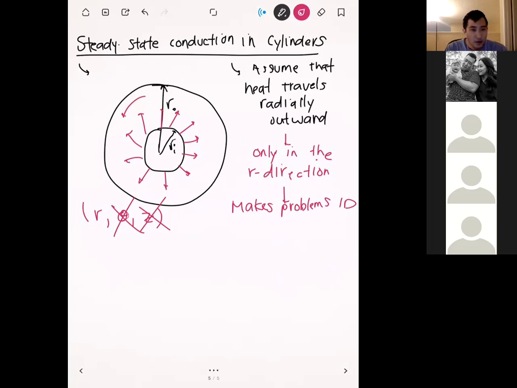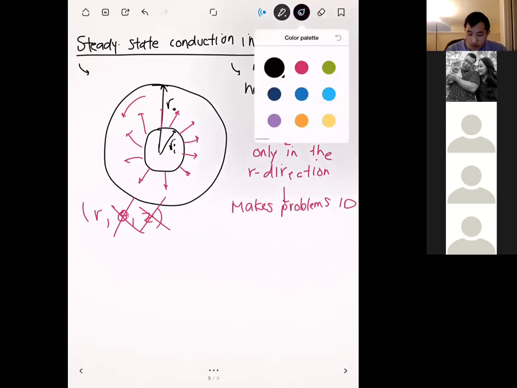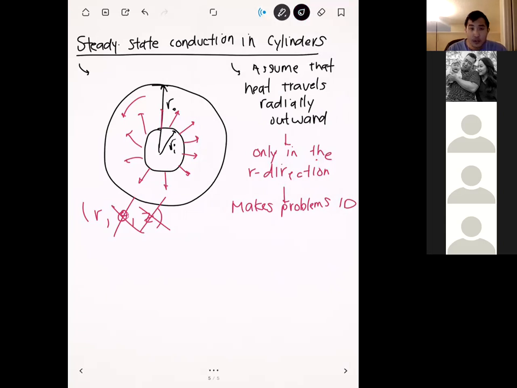And we like 1D because 1D is simple. So let's start with the same starting point that we use for Cartesian systems, and write out the full heat equation in cylindrical coordinates.